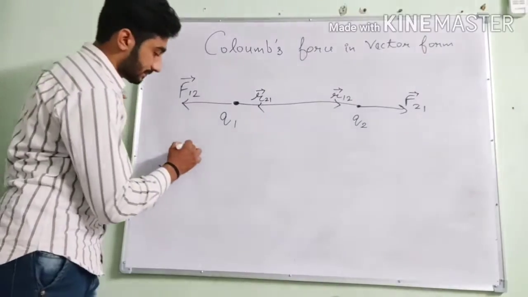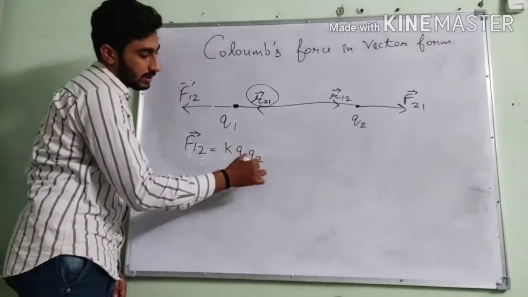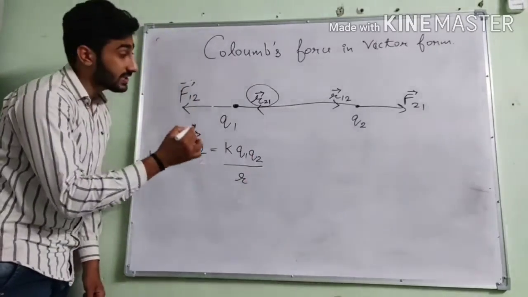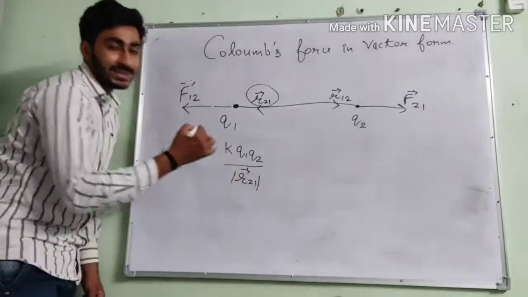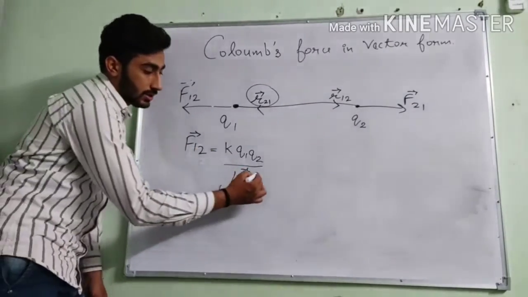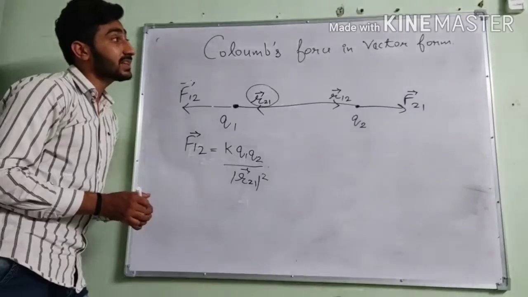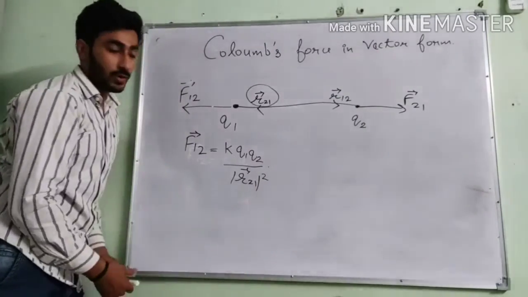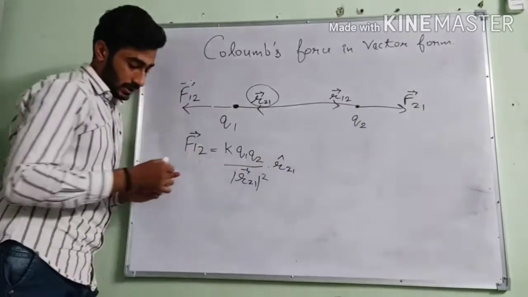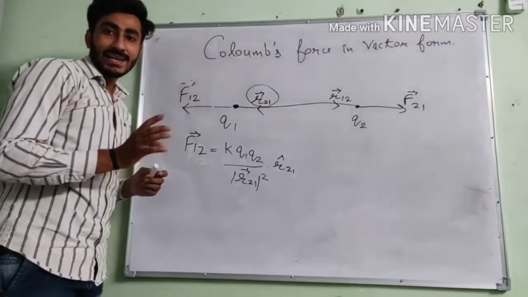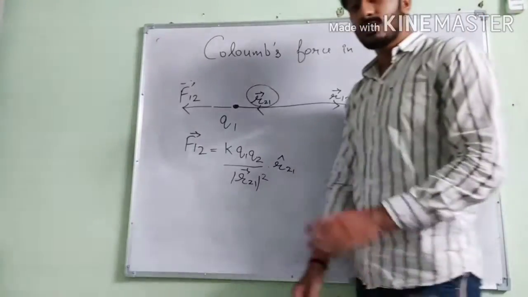F12 is given by K, product of charges over R. What about R? R21. We are only using the magnitude, as the distance is only a magnitude. And we have to show the direction since it is in vector form. It is given by R21 cap. As you are all aware of i cap, j cap and k cap, it is just in that term.